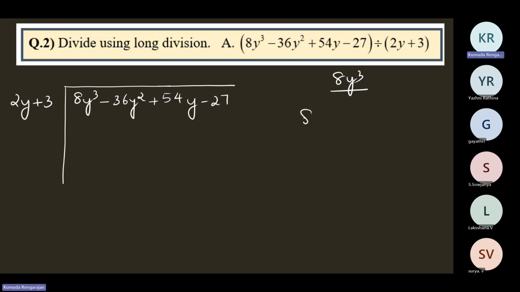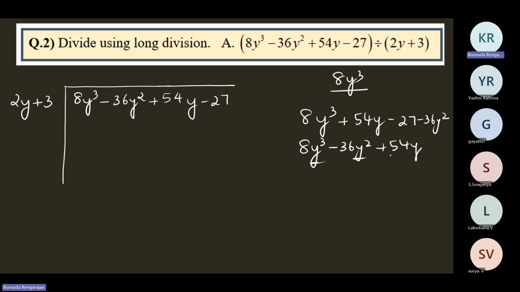Supposing the terms of the dividend were given in the order 8y cubed plus 54y minus 27 minus 36y square, then you need to rearrange. So you need to write them as 8y cubed minus 36y square plus 54y minus 27: y cubed, y square, y, and then the constant.